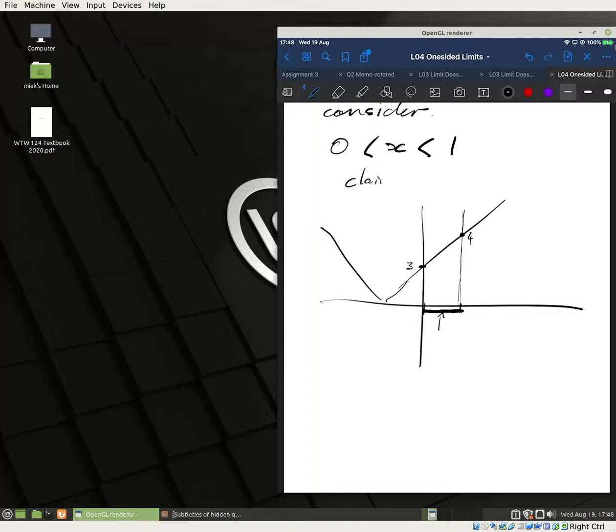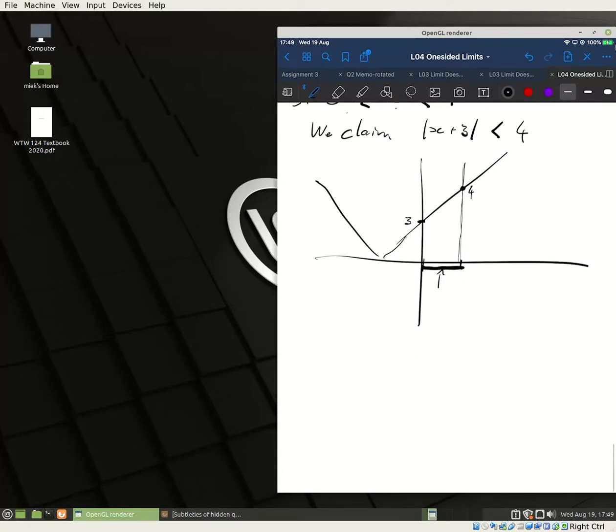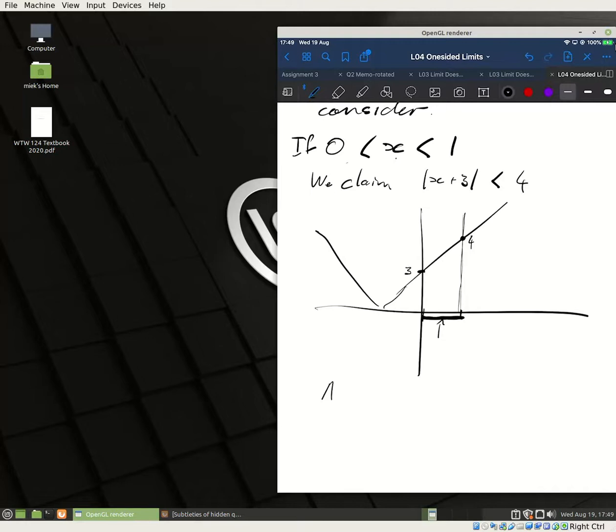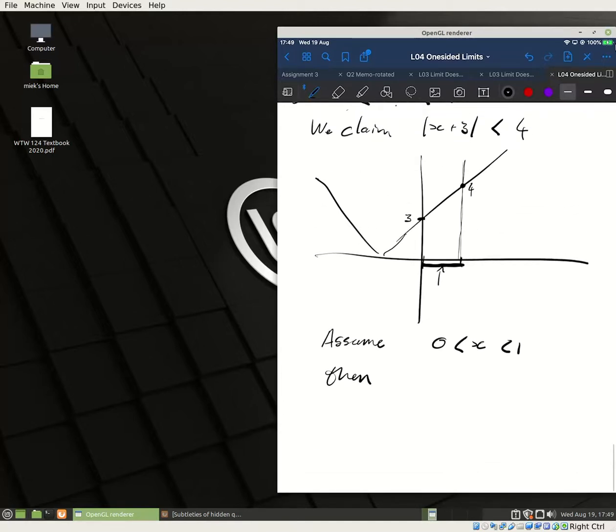So we claim that if x is in this interval, then x plus 3 in absolute value is less than 4. And let's see this happen. So assume 0 less than x less than 1. Then what have we got?